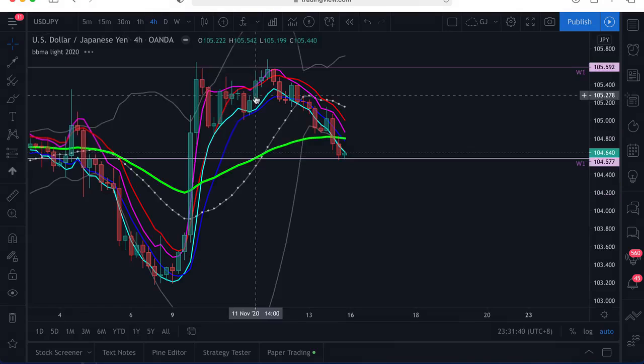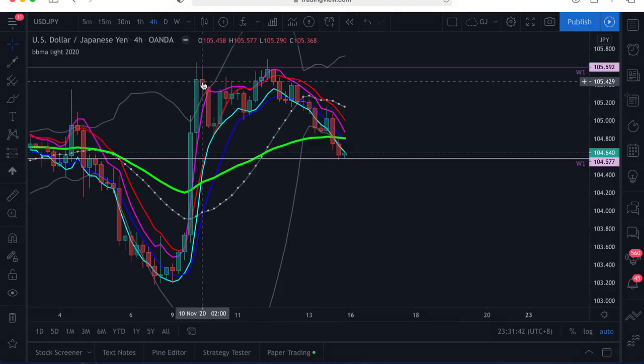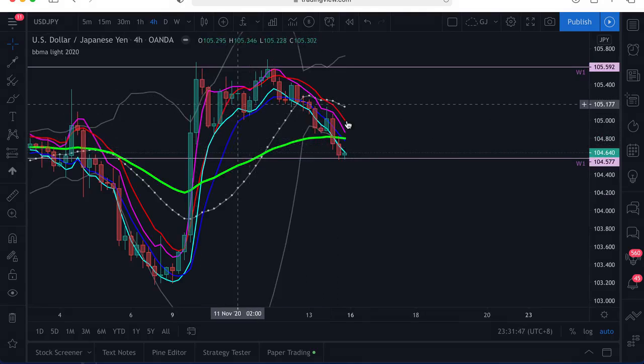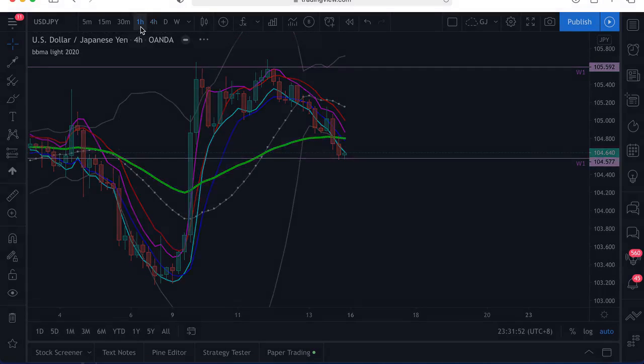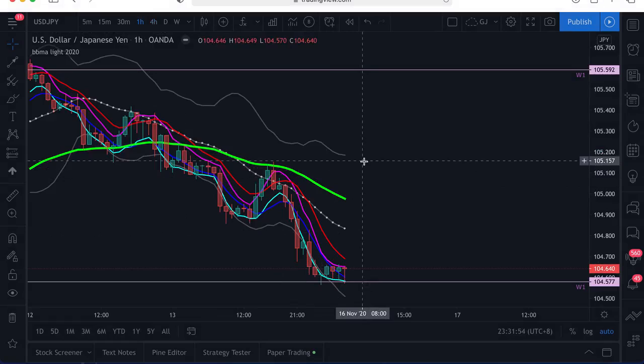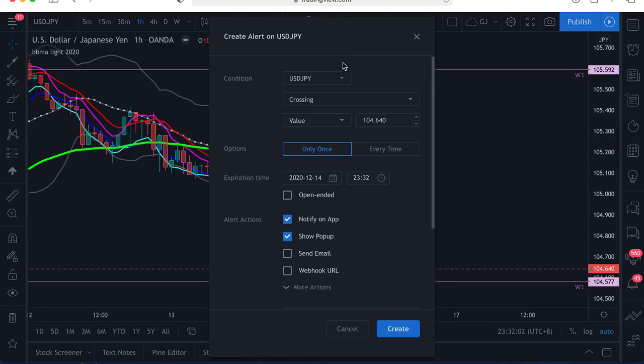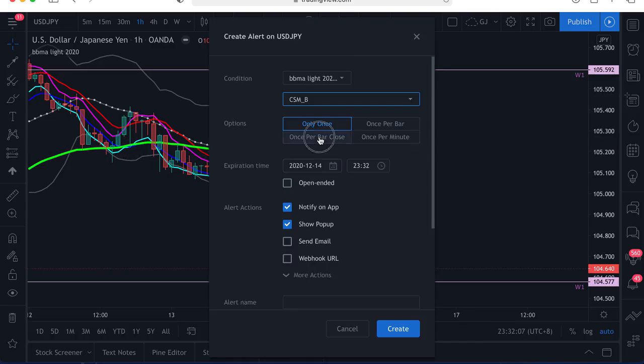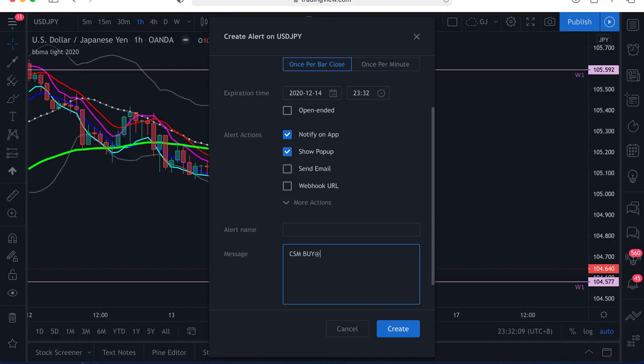So on H4 we can see that price is making a CSM buy, however it was cancelled by this CSM sell. So to make our buy setup valid, we want to see on H1 at least we will have a CSM buy. Okay, so we want to put CSM buy at H1 MA 50.